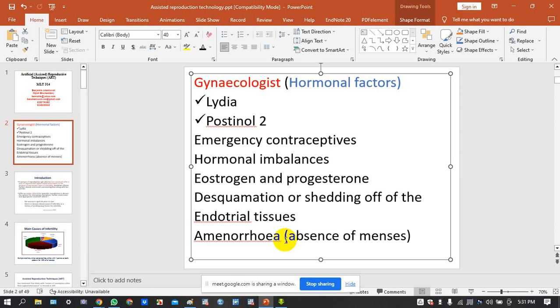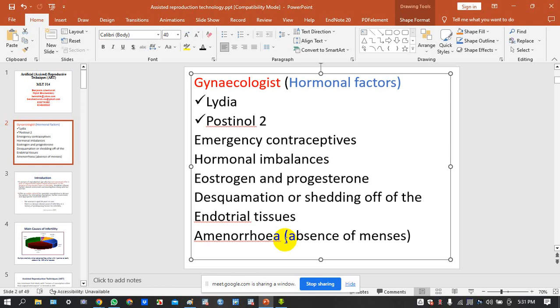The contraceptives themselves are made or synthesized with estrogen and progesterone. So we have progesterone contraceptives, estrogen contraceptives, and a combination of progesterone and estrogen contraceptives.